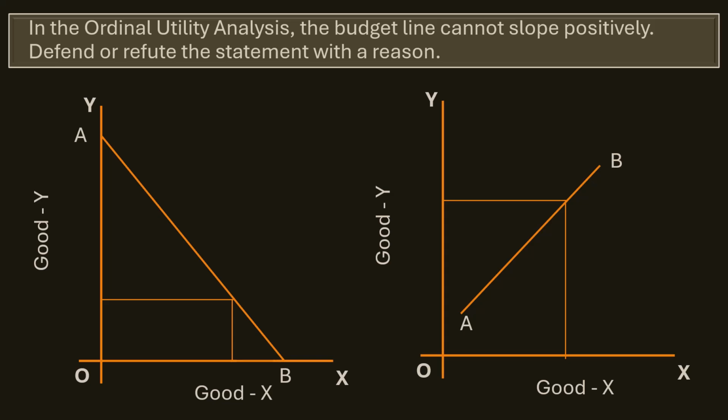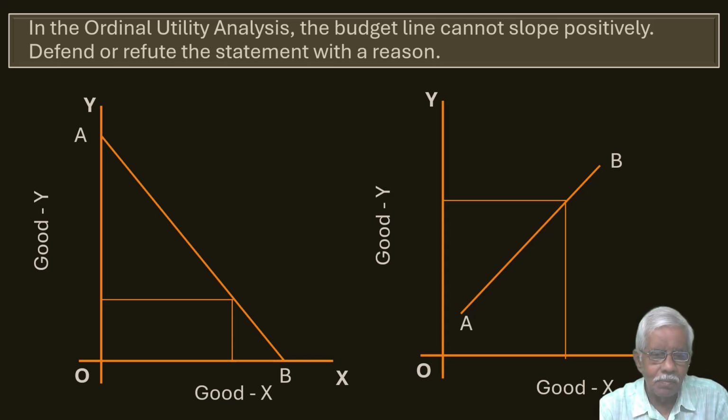This condition is possible when the consumer's income varies, but the consumer's income is given. It is unchanged. Hence, there is no chance for the budget line to take a positive slope.